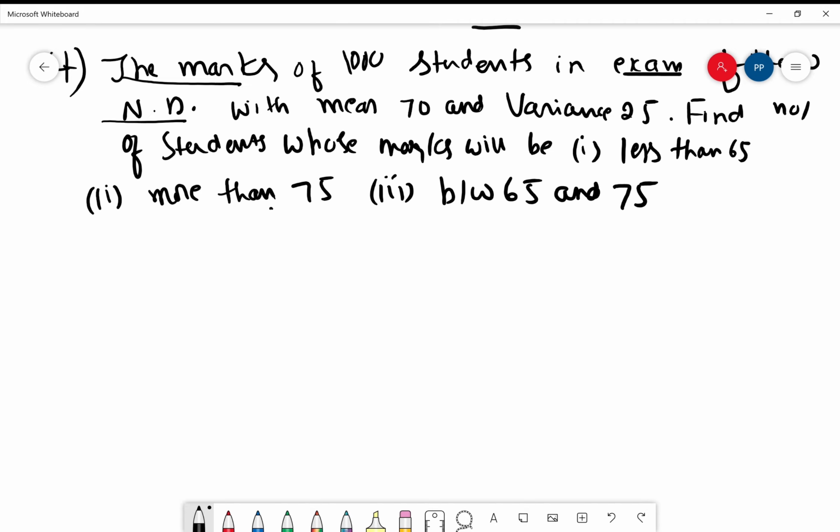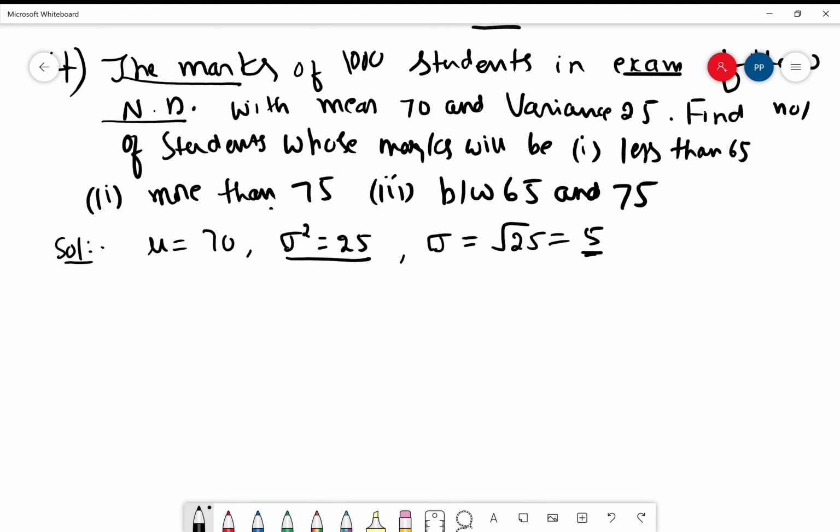Okay, so here mean is given as 70. Variance, you have to be careful, it is not standard deviation. Variance is given as 25, but we require the standard deviation. It is sigma, the positive square root of this, which is root 25, which equals 5. Don't take 25 because it is a variance.